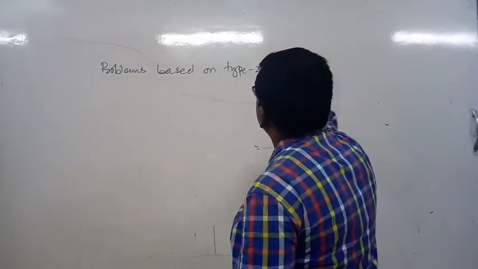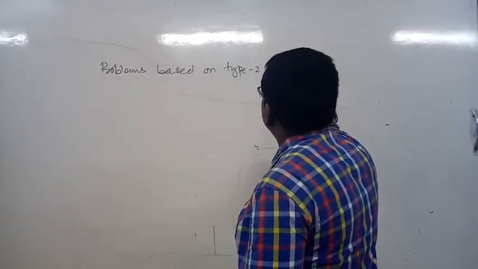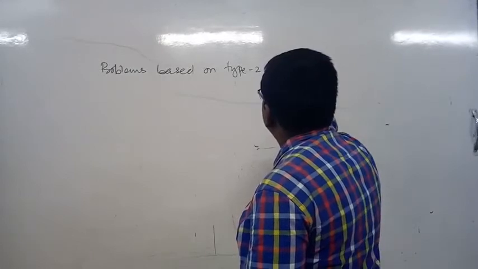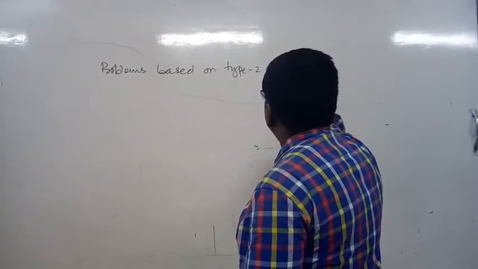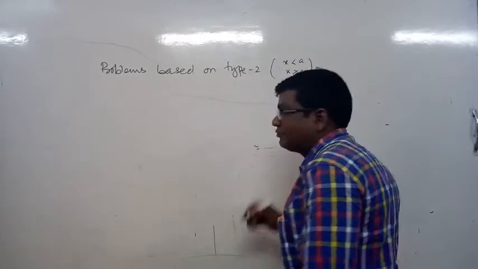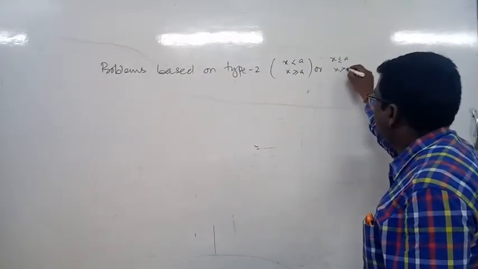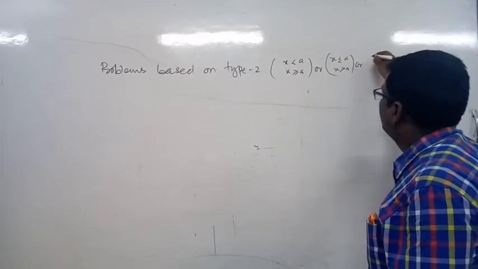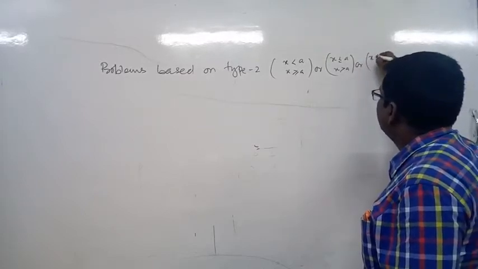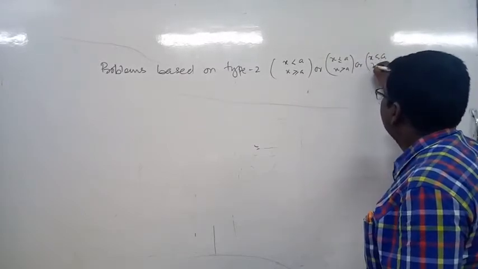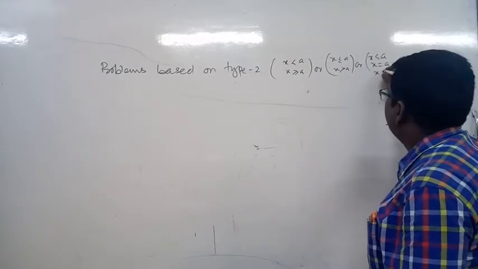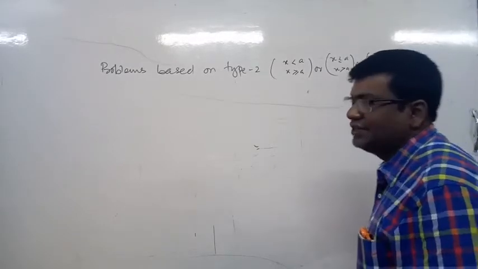What is type 2? x less than a, x greater than or equal to a, or x less than or equal to a, x greater than a, or x less than a, x is equal to a, x greater than a. This type.